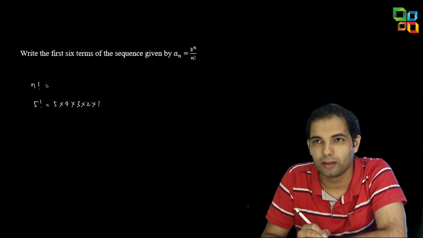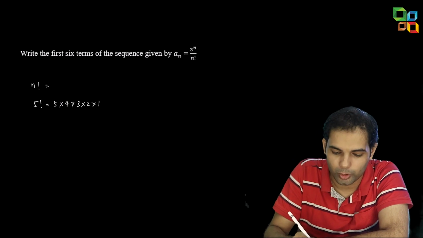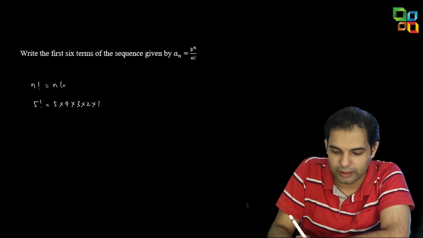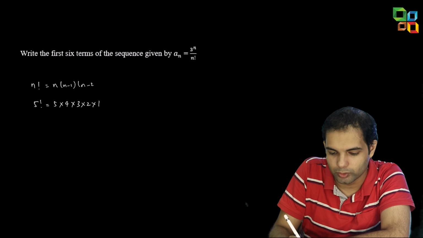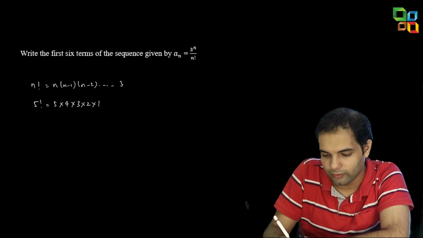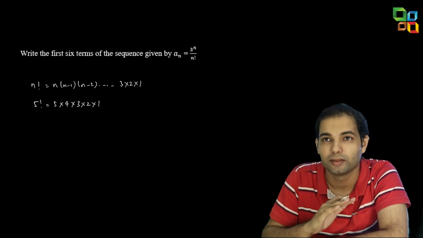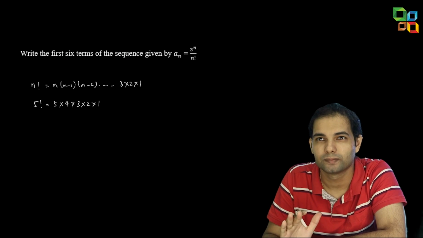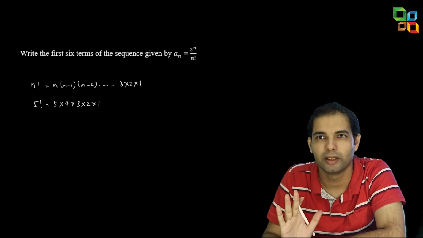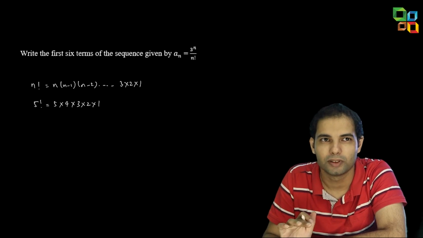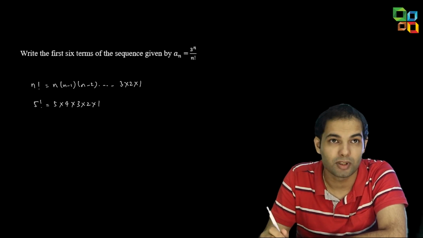What is n factorial? N is a generic number. So, n into n minus 1 into n minus 2, I don't know how many numbers are there, up to 3 into 2 into 1. Something like this. Is it clear? The formula is clear at least. That is more than enough for you to solve this problem. We just have to write the 6 terms.